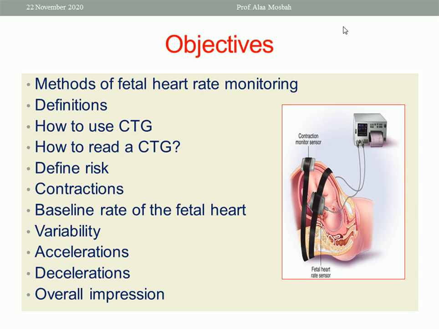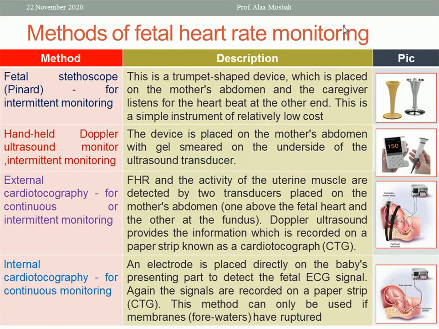Okay, let's start. First, we want to start with the methods of fetal heart rate monitoring. All over the world, the methods of fetal heart rate monitoring are presented in this table. It started first with the Pinard or fetal stethoscope, as you see in the picture, one wooden and one metal.